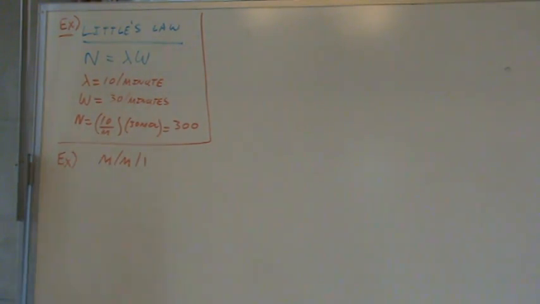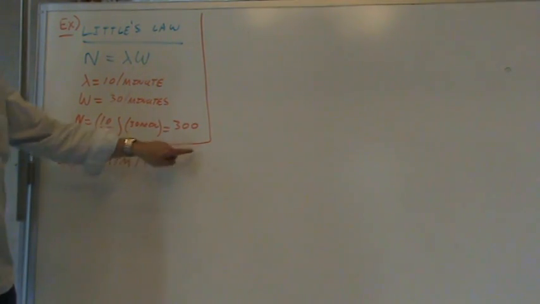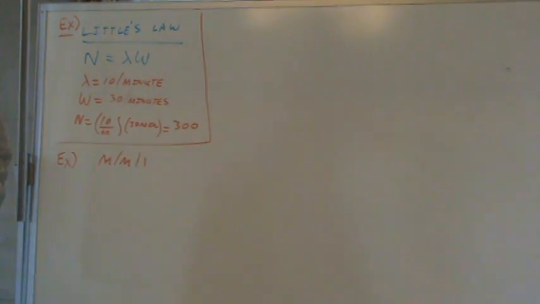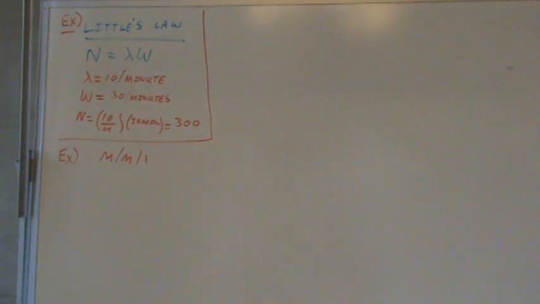Since we have no size of the queue, it's assumed to be infinitely long. Since we don't have a fixed number of processes, anyone can arrive and then leave at any time. And the queuing discipline by default, if we never say what the queuing discipline is, is assumed to be first come, first serve.